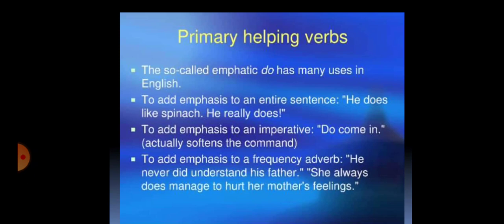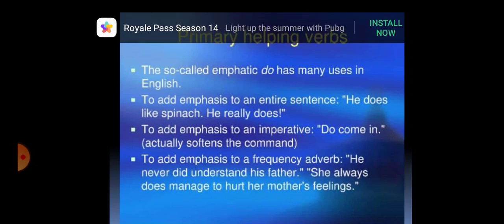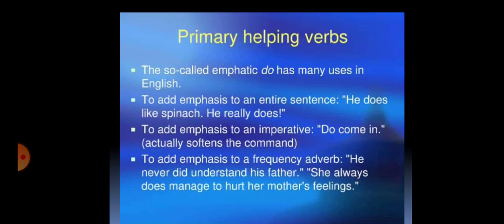Now we will see the other uses of do. To add emphasis to an entire sentence, we use do. Like, he does like spinach. He really does. Here we are emphasizing that he really likes spinach. It is also used to add emphasis to an imperative.